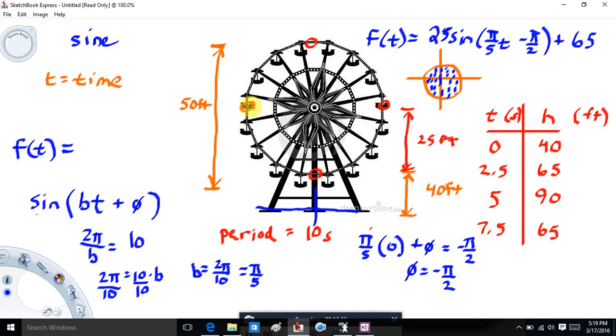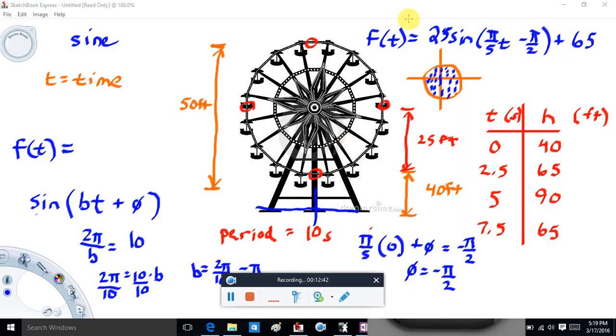The midline is right here. So it's been shifted 65 feet. So this is the equation of the height. So if we wanted to plug this in a calculator, we could.